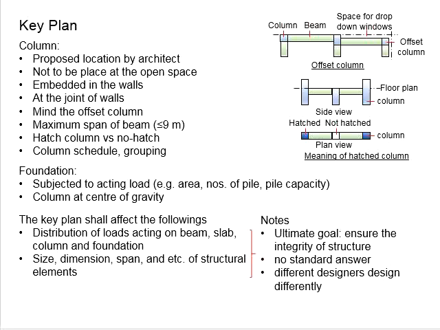In common practice, there are two major types of foundations, which are the footing and the pile caps. Footing is a shallow foundation. It is normally used when there is good soil bearing capacity, which can be determined from the soil investigation report, which is normally known as the SI report.